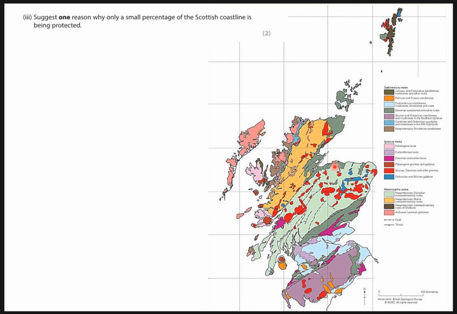In addition, parts of Scotland are still experiencing isostatic uplift. So this means that the land is rising following the melting ice sheets after the ice age. So in some places the coastline is advancing rather than retreating. So these are factors that help explain why only a small percentage of the coastline has defences.